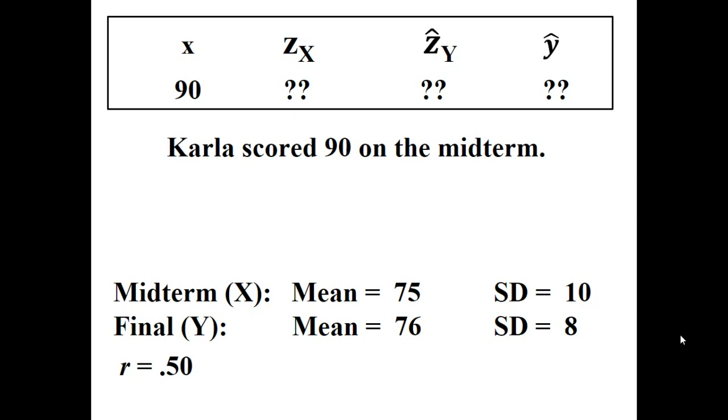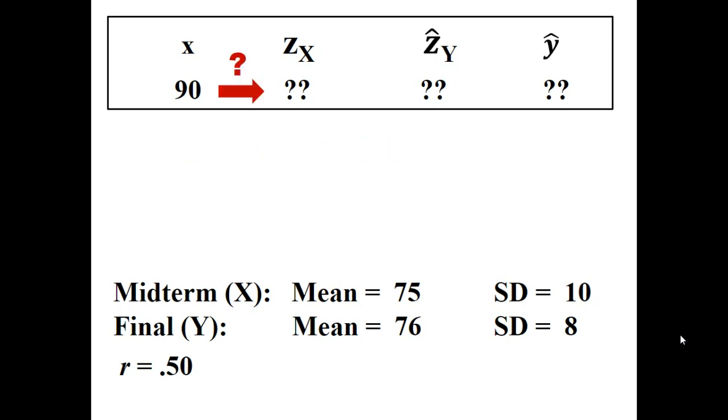So now we have one number filled in this box at the top. Now we have to fill in the other numbers one by one. And we're ready for the next step. We're going to use x to find the z of x. Now, take just a moment to ask yourself, how would you turn a raw score of x into a z-score of x?